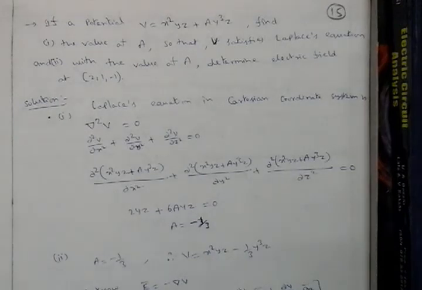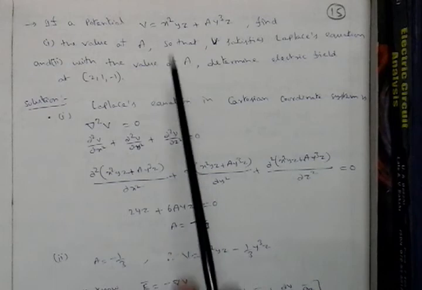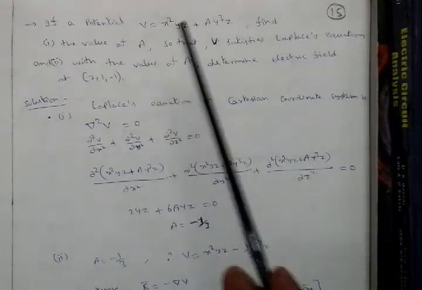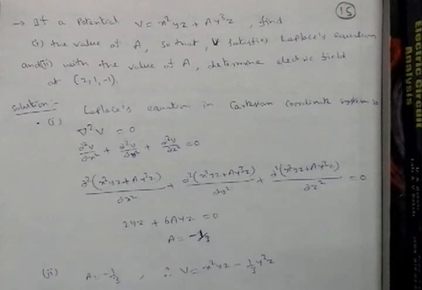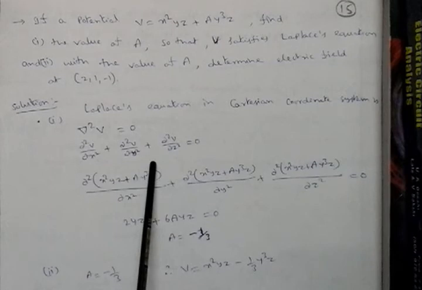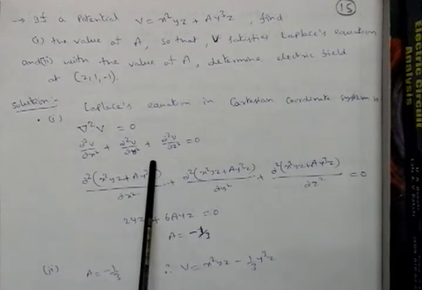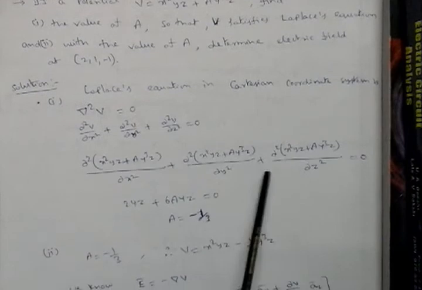Now let's see here the Laplace equation in Cartesian coordinate system. Why Cartesian? Because the given field has x, y, z. So write del square V is equal to 0, then expand del square V. Del square V in Cartesian coordinate system is dou square V by dou x square plus dou square V by dou y square plus dou square V by dou z square.